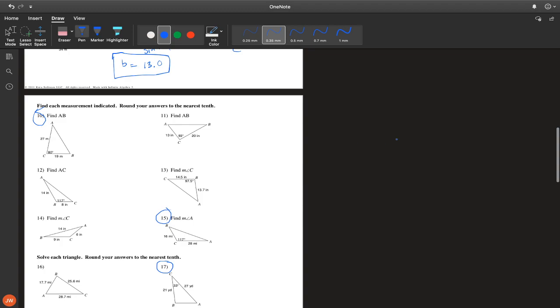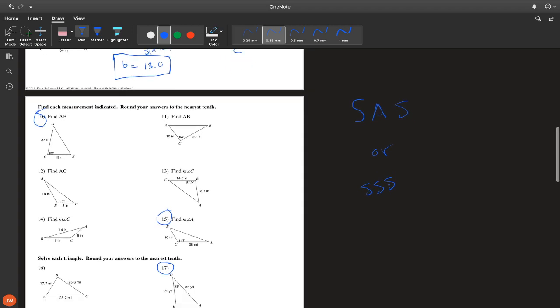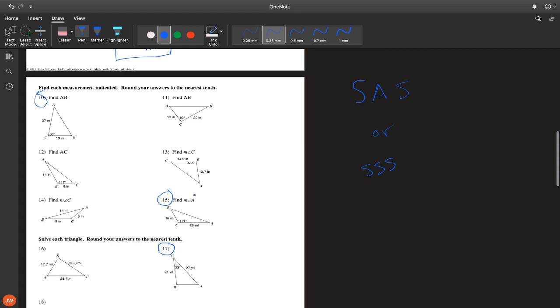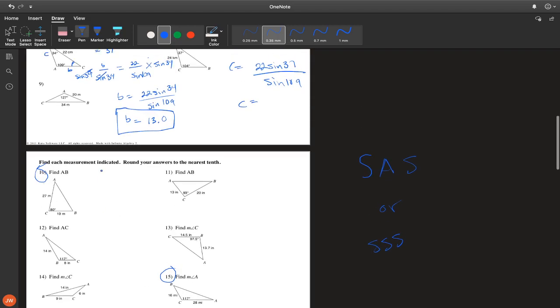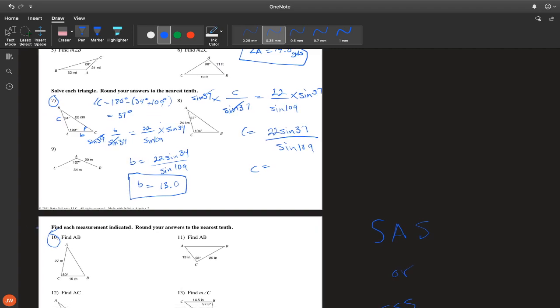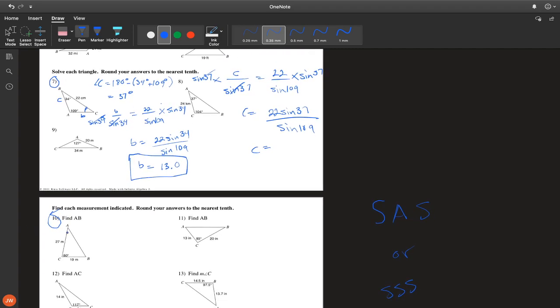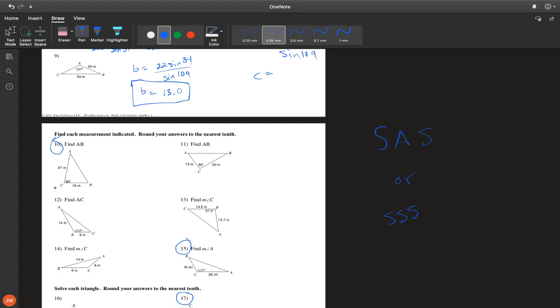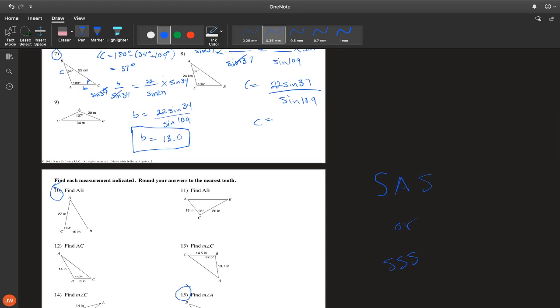Those are the two formats that you're going to be looking for when you're using cosine law. If not, you're going to be using sine law, which is more or less side, side, angle, or angle, angle, side, that type of format.